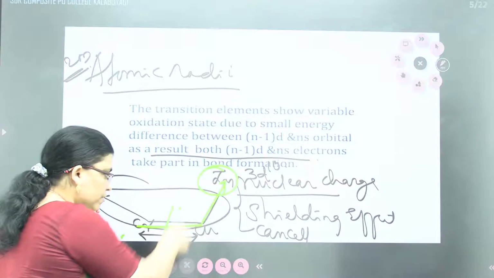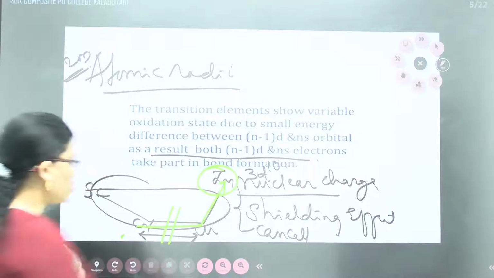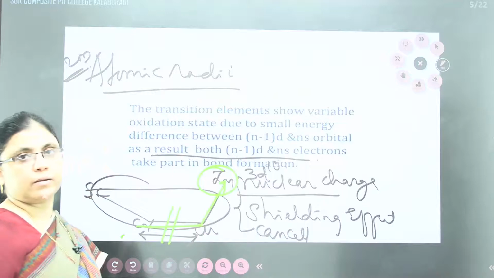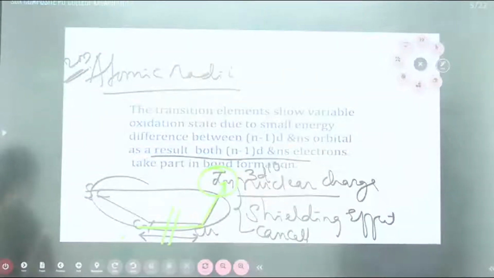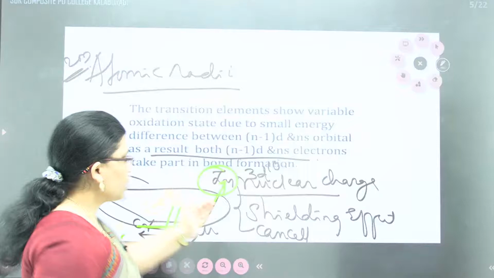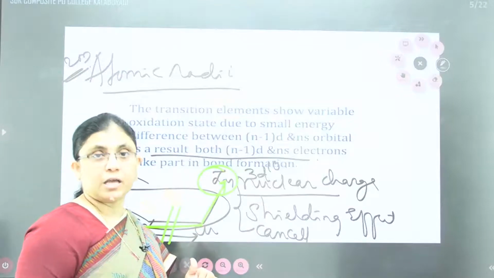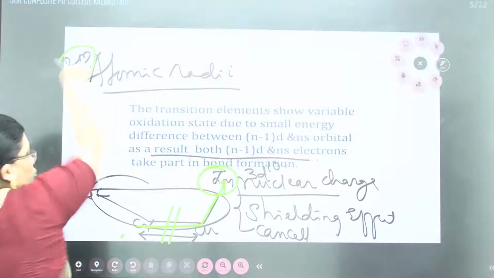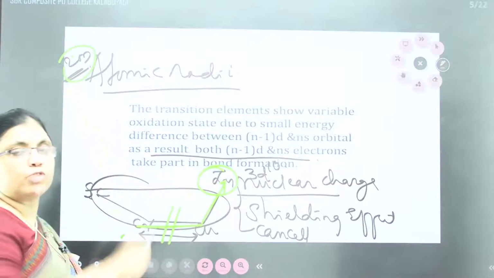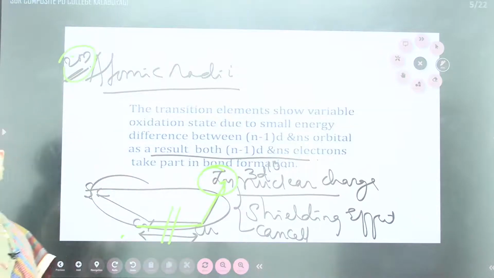When they cancel out, the atomic size remains constant. Then from copper to zinc, there is a slight increase, because the electronic configuration is 3d10 for zinc. Those are the 3 important points we need to write for 2 marks, and we need to explain all of them in a systematic manner.